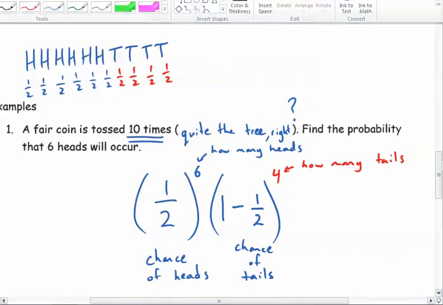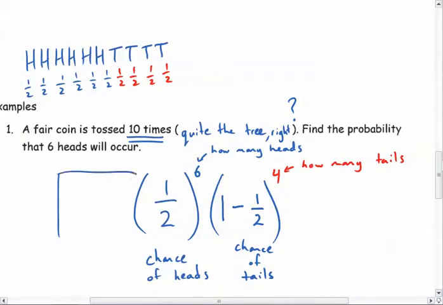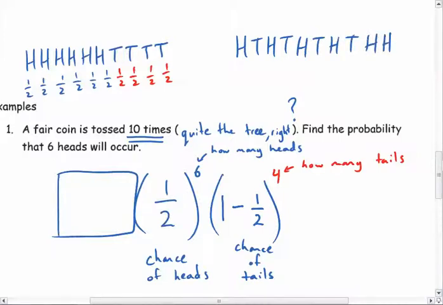Then at the front, we need to put a number because this isn't the only way I could get 6 heads. I could also go head, tail, head, tail, head, tail, head, tail, head, head. I could go 4 tails at the beginning and then all heads at the end.